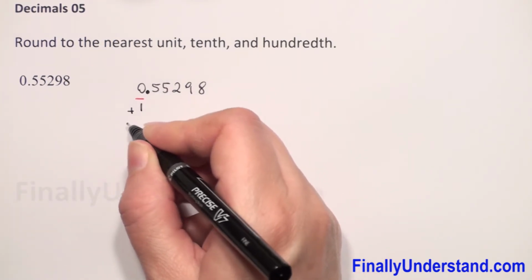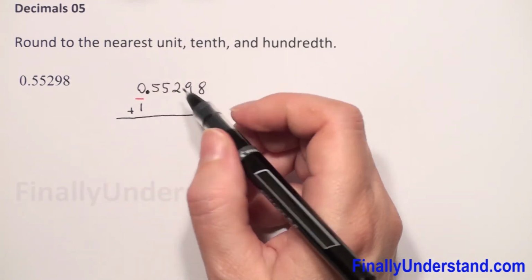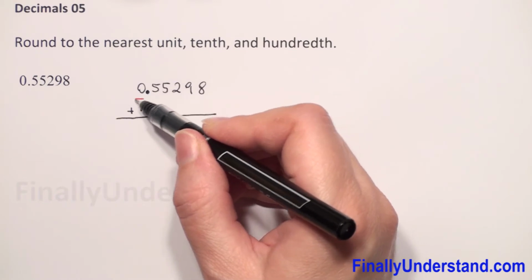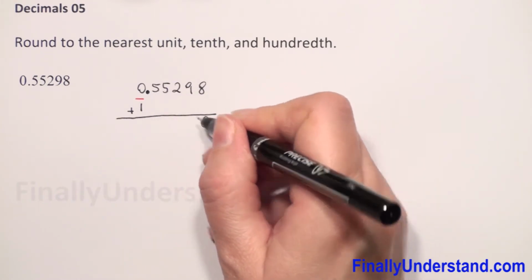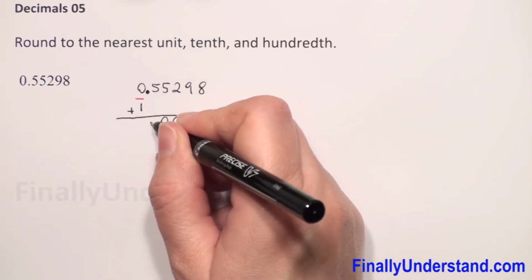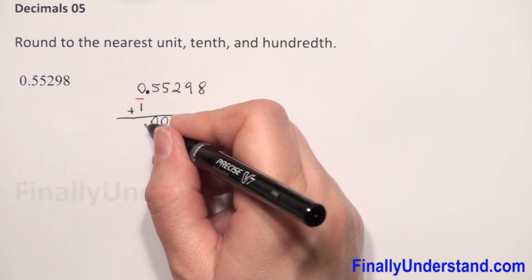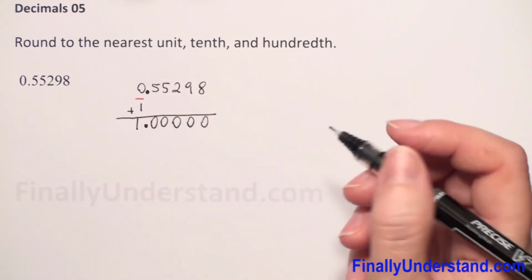So it will be plus 1 to our underlined digit. And what else? Every digit after the underlined digit will now be 0. So 8 will be 0, 9, 0, 2, 0, 5, 0. Next 5, 0. Decimal point we copy and we have 0 plus 1 is 1.